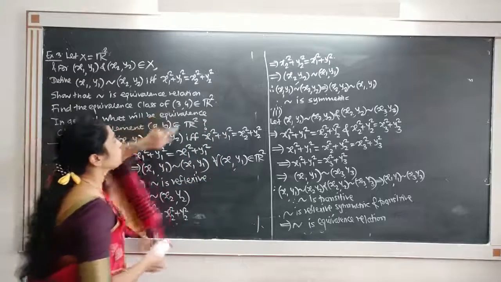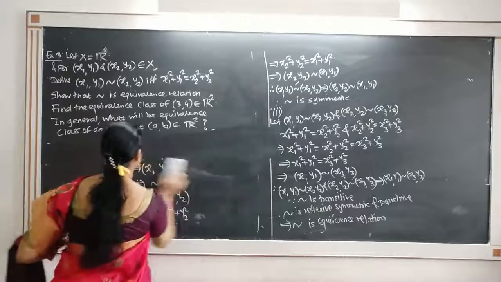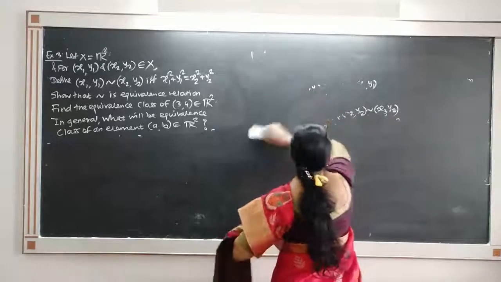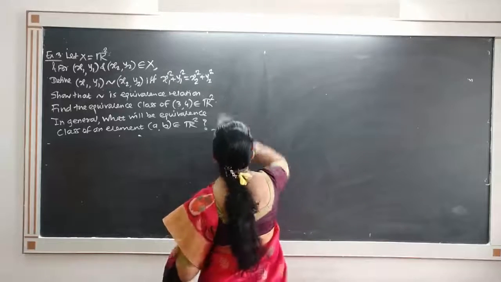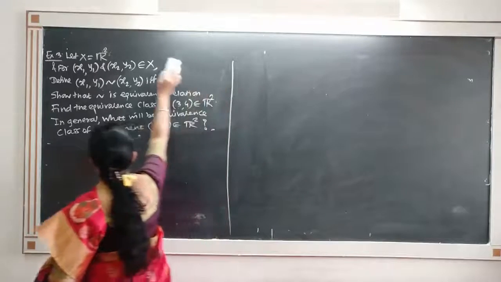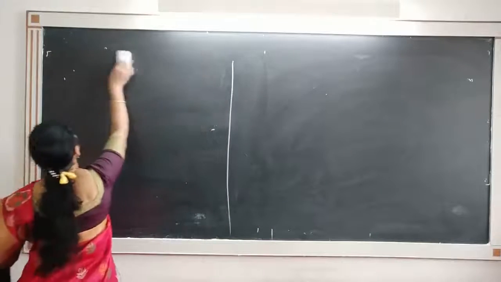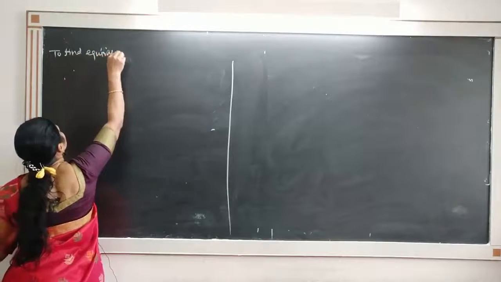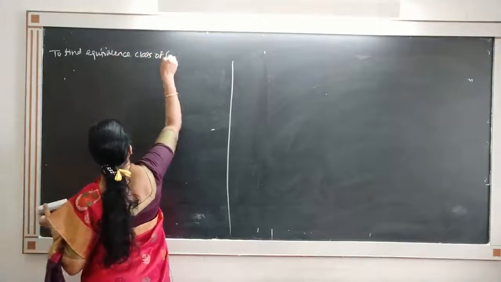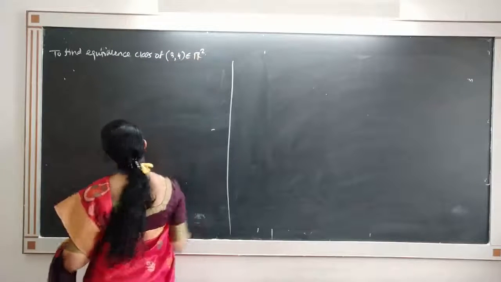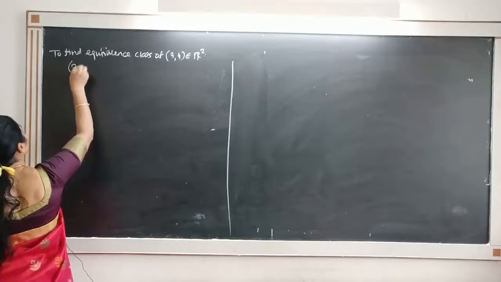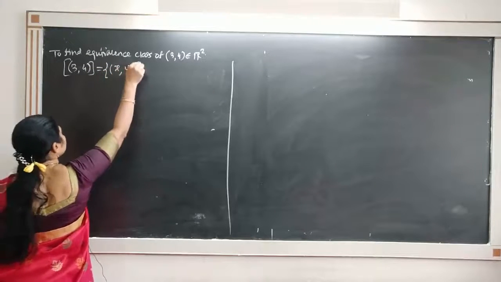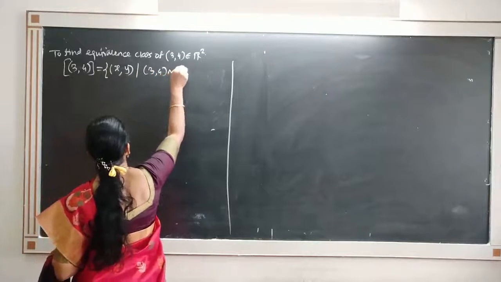To find the equivalence class of an element (3, 4) belonging to R2, the definition is: the equivalence class of (3, 4) consists of the elements (x, y) such that (3, 4) is related with (x, y).